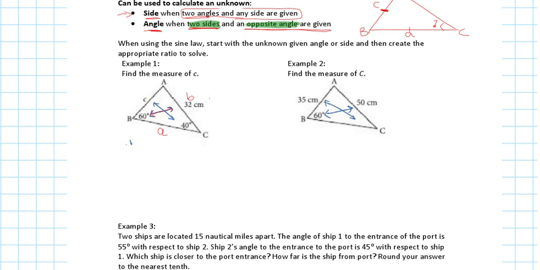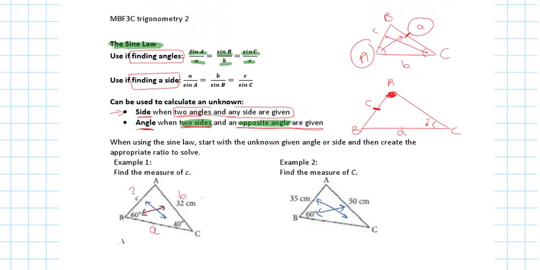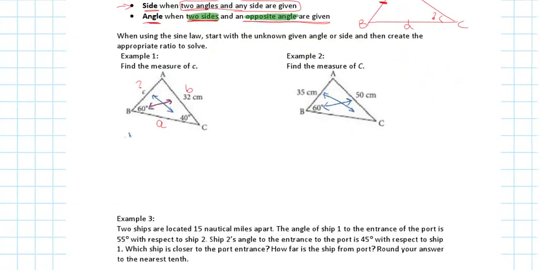Which formula do I use? Looking for a side, you use A over sine. So I'm going to use this formula because I'm looking for a side. Which ratios do I use? If I'm looking for C and I know B, I use C and B. So, here it is: B over sine B equal to C over sine C.